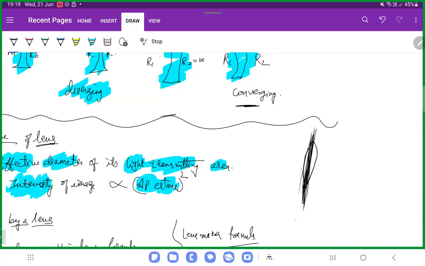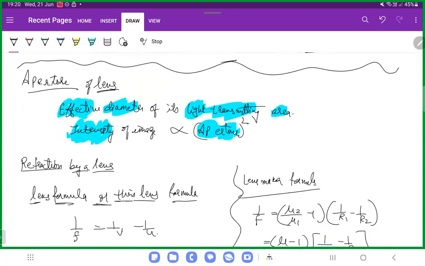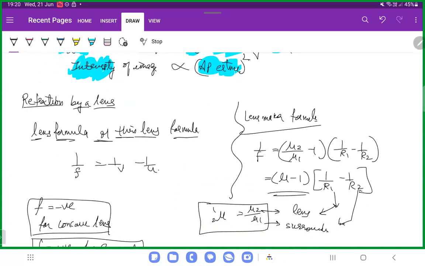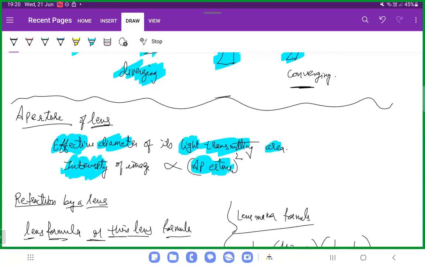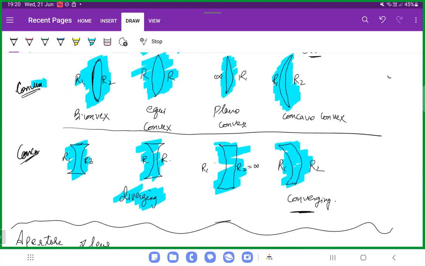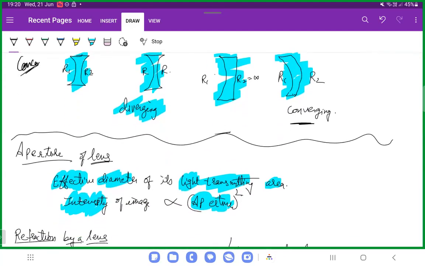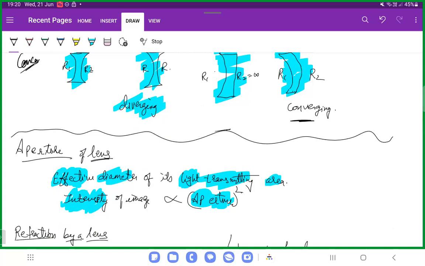So this is the aperture of it. So the diameter is the aperture of whatever lens we are drawing. I drew a convex, but it can be concave also, and even a mirror also. It's not necessarily lenses; it can be any.